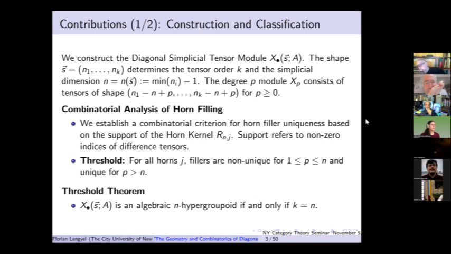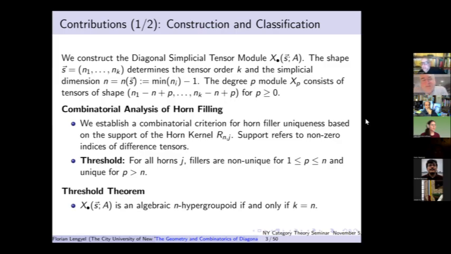So X is going to be such a thing, and P is telling you which dimension it is.